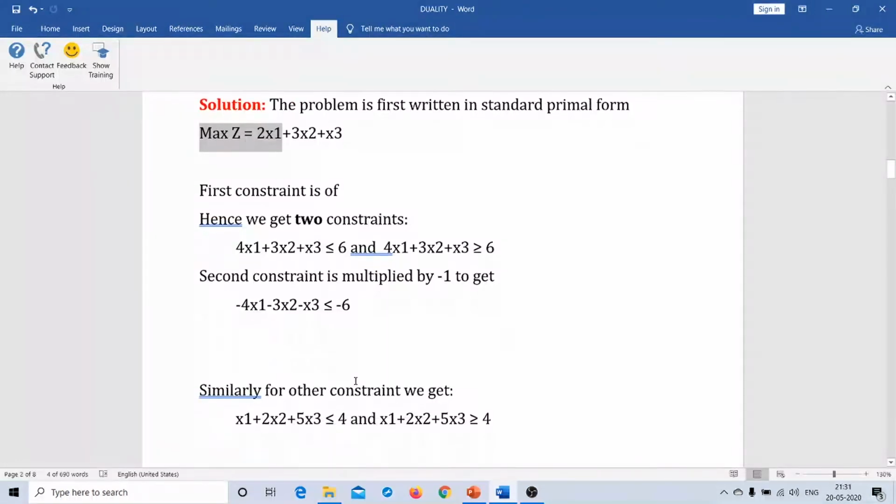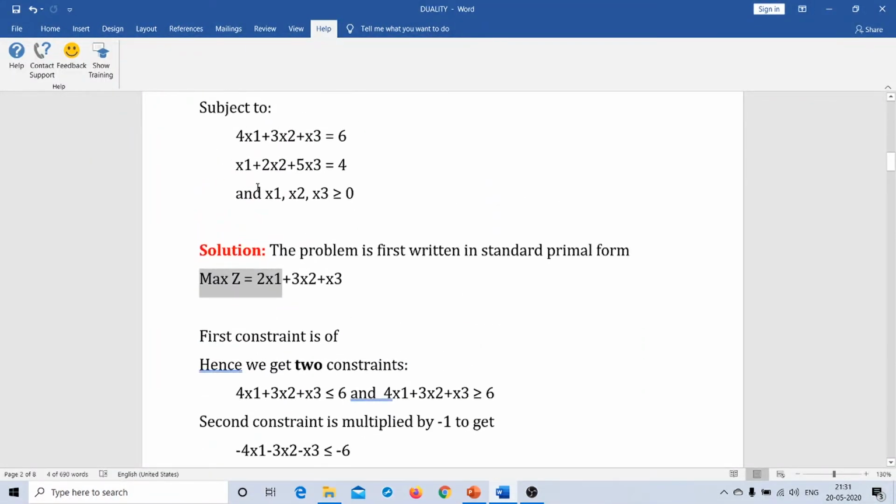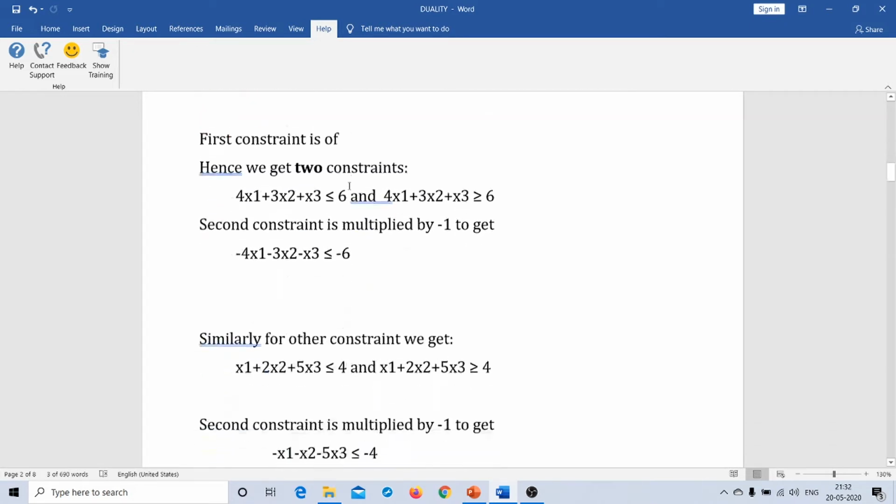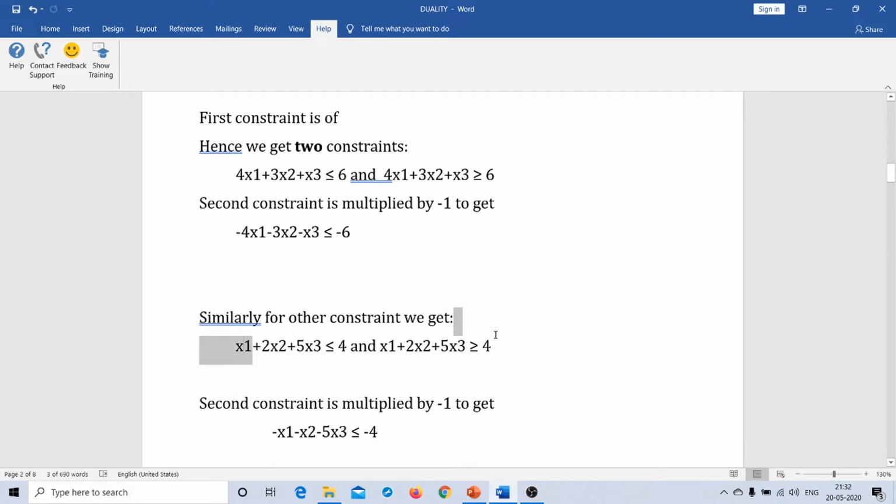So when we proceed to the second constraint, which is again with equal to, two inequality constraints get derived out of it, same as usual: one less than or equal to and another greater than or equal to. Further, this greater than or equal to inequality constraint will again be multiplied by -1 because the objective function is of maximization.